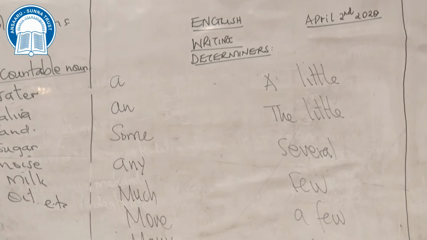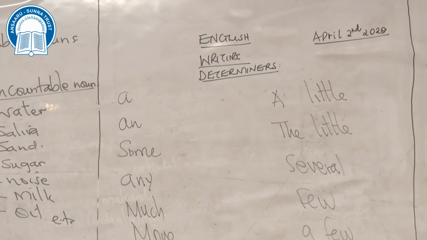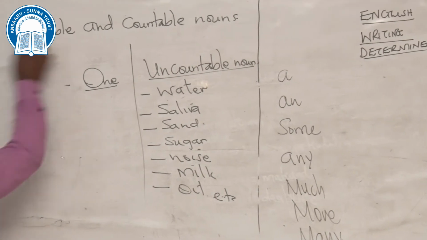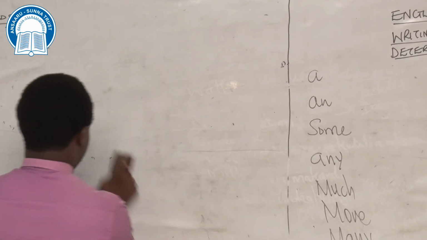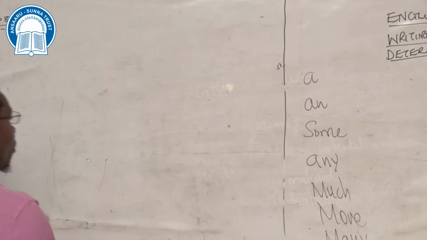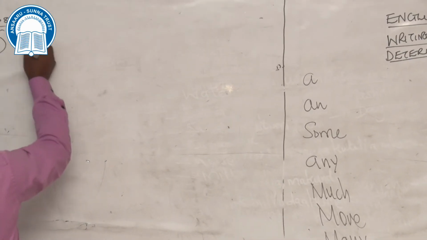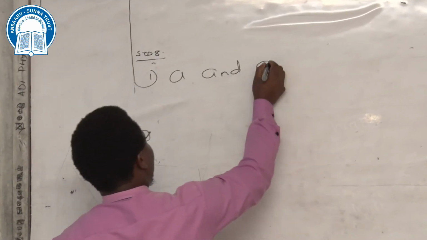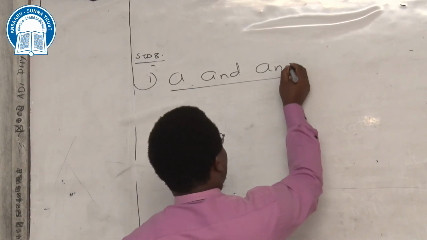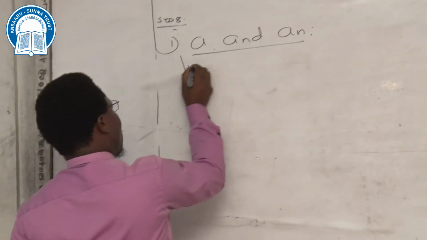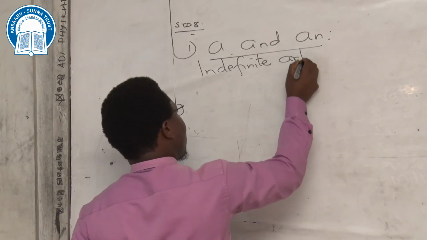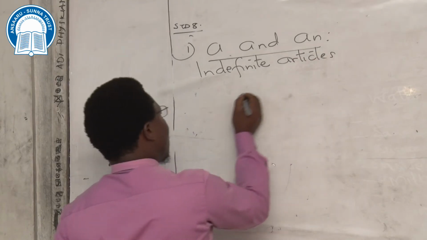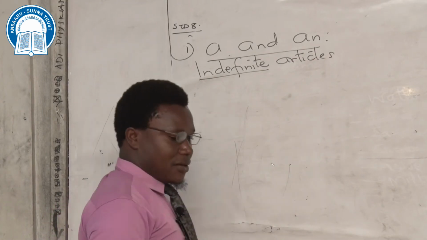Let us begin with the articles a and an. So Roman 1, we can have a and an. A and an are collectively referred to as indefinite articles.